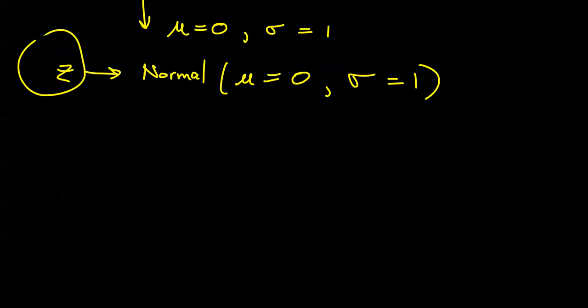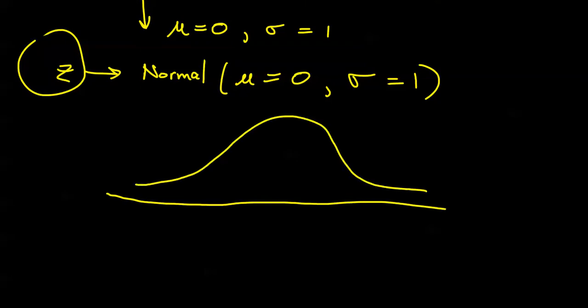We can easily draw a picture of the standard normal. It's your usual bell-shaped distribution, but it peaks at a mean value of 0. Now the standard deviation is not so easy to visualize, at least with one curve. But just remember, the standard deviation gives you a measure of spread.